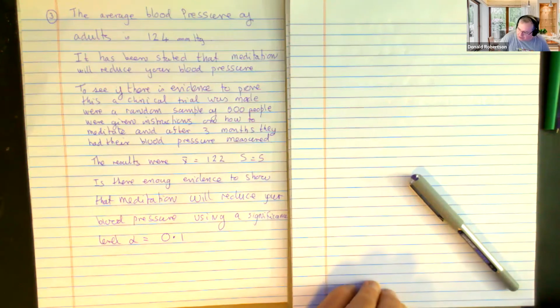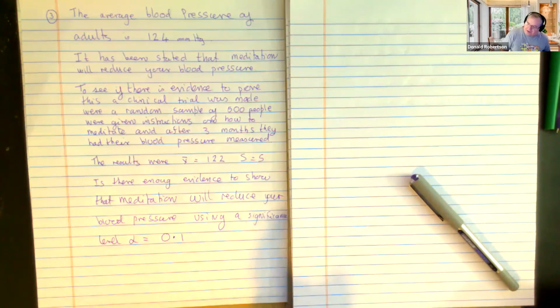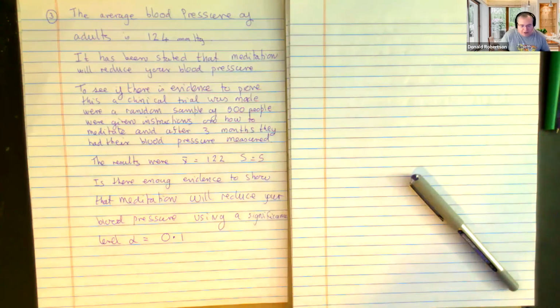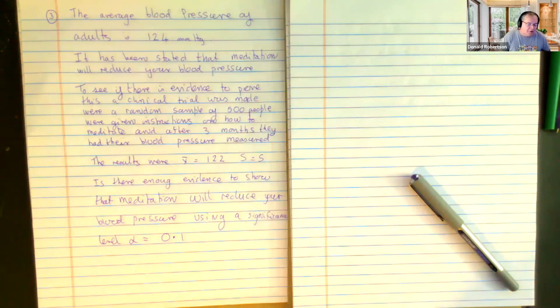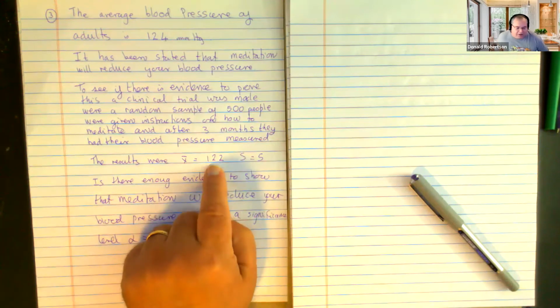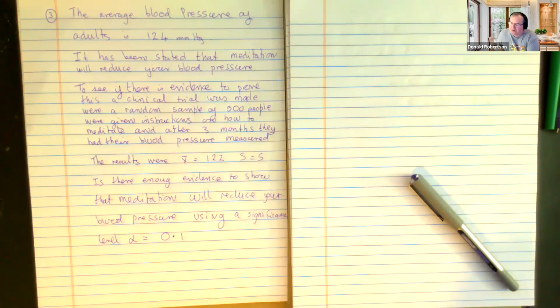And one group, I just told them, you're in this clinical trial, just do what you're doing. And the other group, I'll show them how to meditate, because we wouldn't have a better comparison, because I'd have a before and after kind of group. But this one works, right? So we got these 500, we showed them how to meditate, and 3 months later, we checked their blood pressure. And lo and behold, the average for this group was now 122, and the standard deviation is 5.